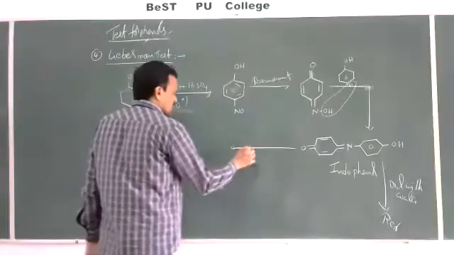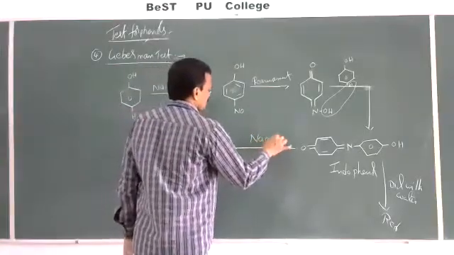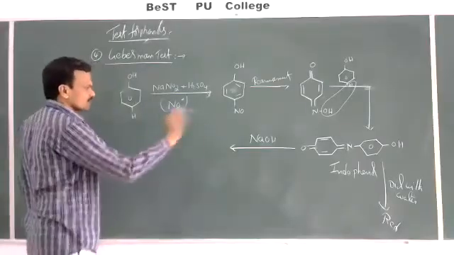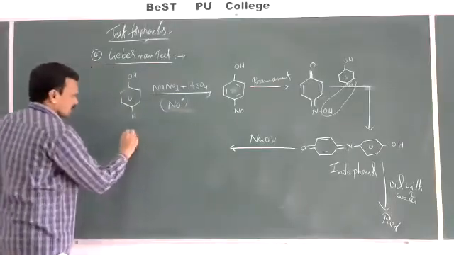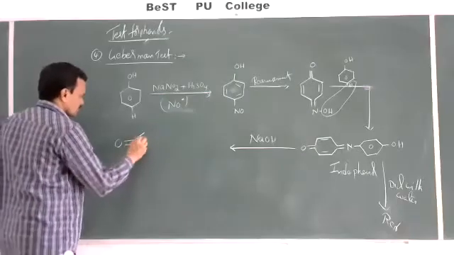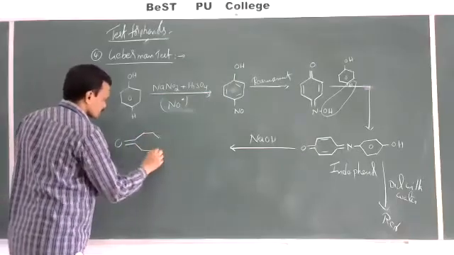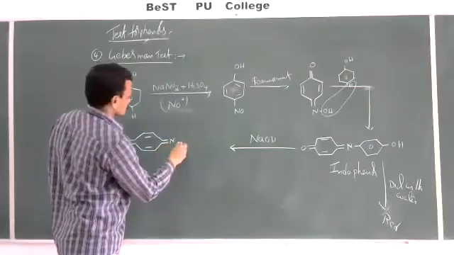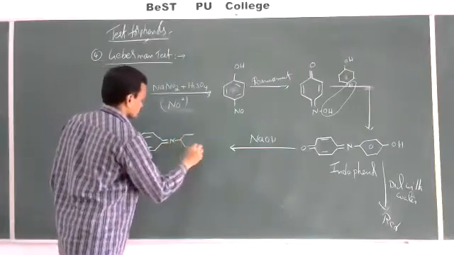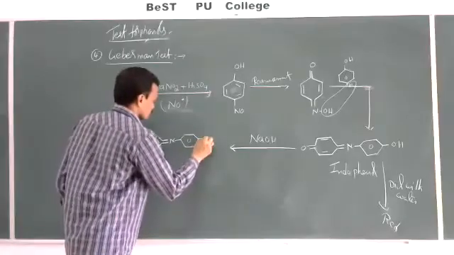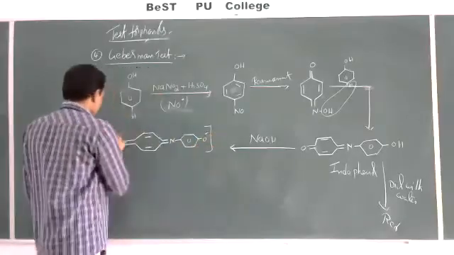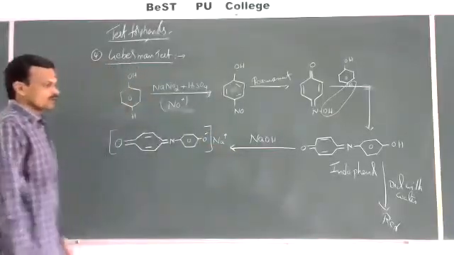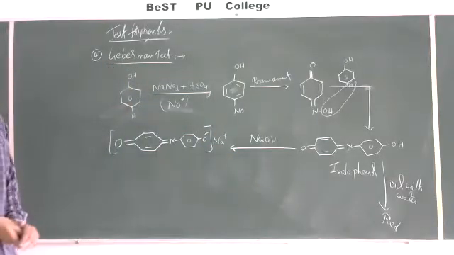When this is treated with sodium hydroxide, NaOH, with alkalis, it gives the sodium salt of the compound, =O, O⁻Na⁺. So the sodium salt of that indophenol will be formed.